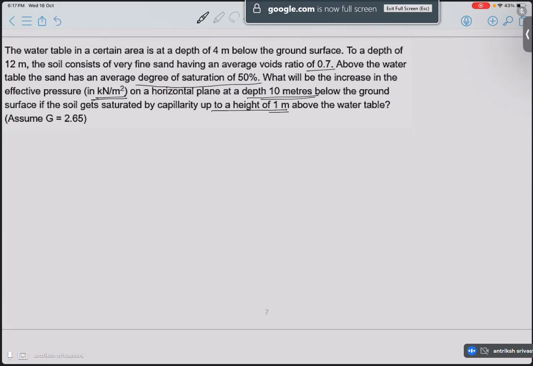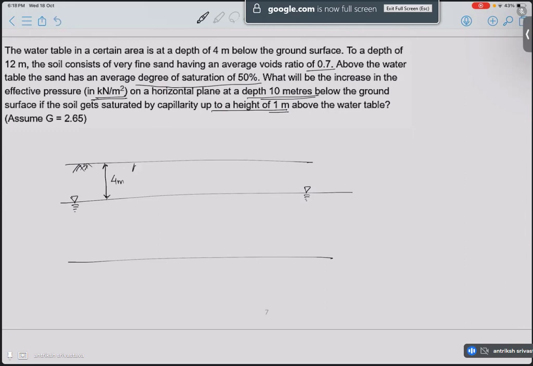Okay, so let's draw and see what the question is asking us. Let's say this is the ground surface. 4 meter below we see the water table. Okay.